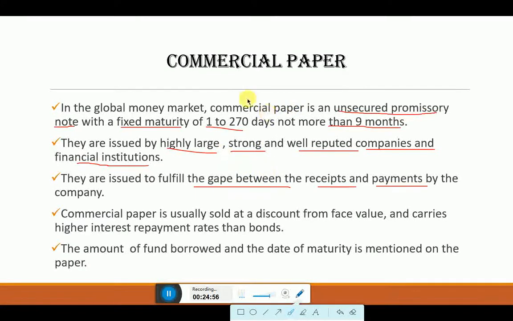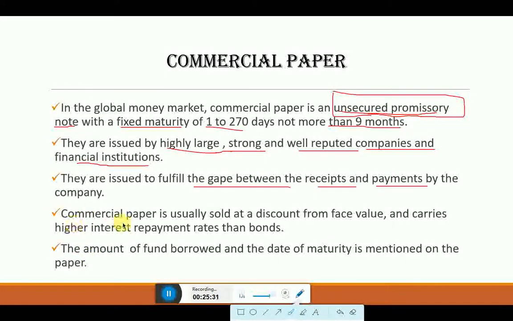So the organization issuing the commercial paper should be highly strong, well reputed, large, because it's unsecured. So the only security the purchaser of commercial paper can have is the assurance that the organization is strong enough, well reputed, and not going to collapse in the upcoming 1 to 270 days.